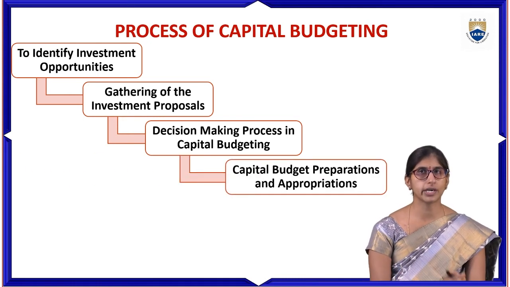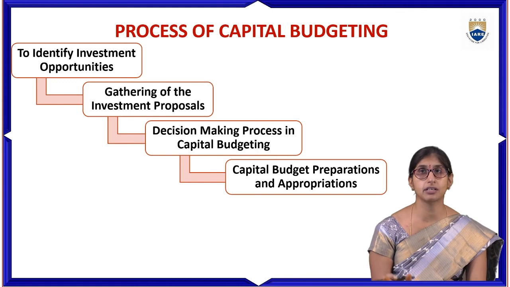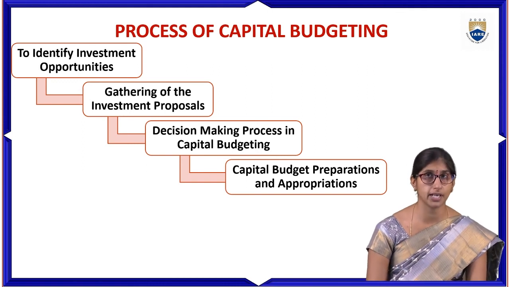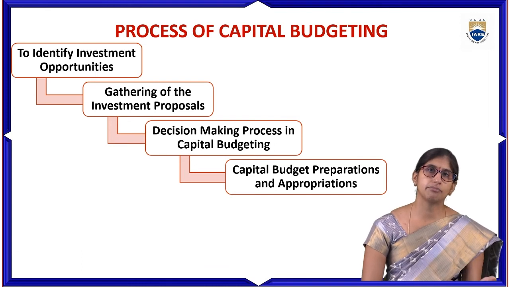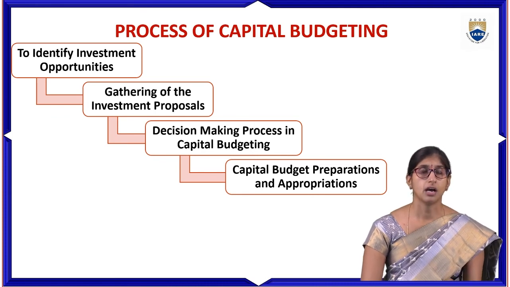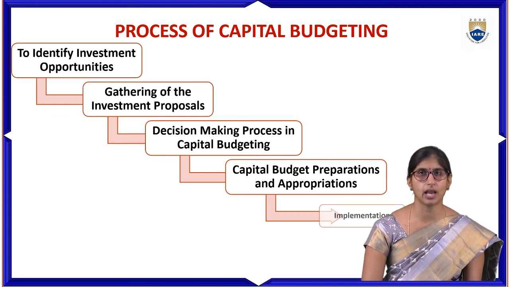And the next one is the capital budget preparations and appropriations. So how to budget, and what are the preparations, what are the appropriations that have to be done with the proposals we have.